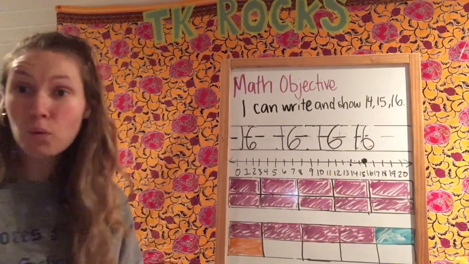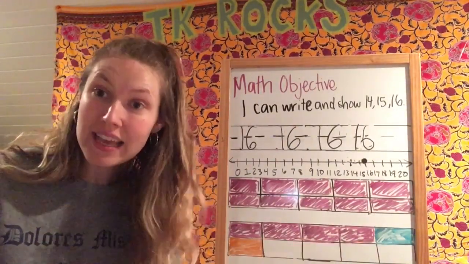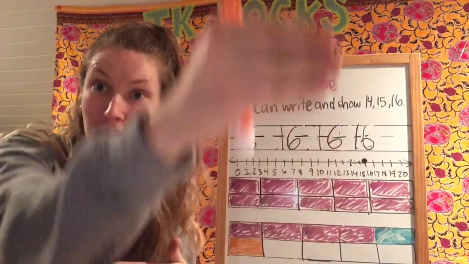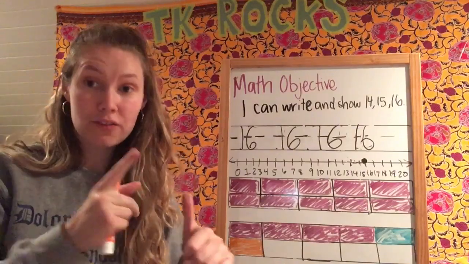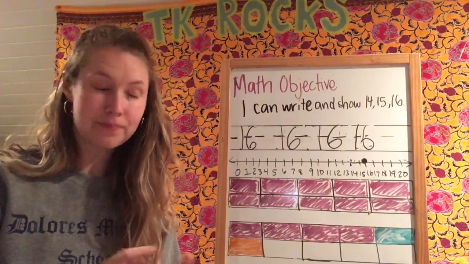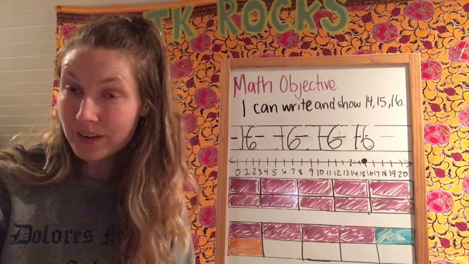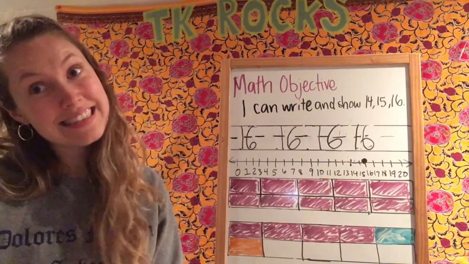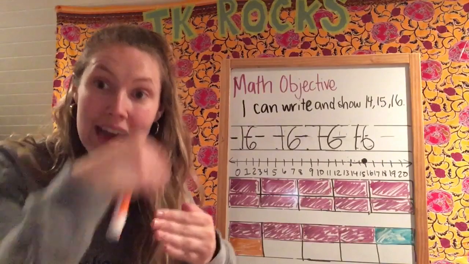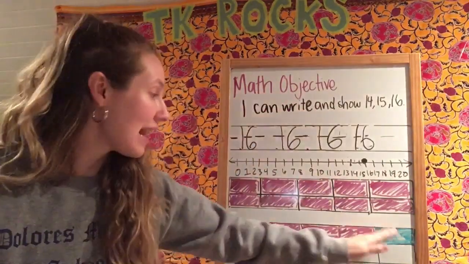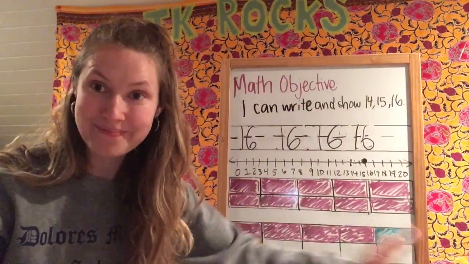So when we added 1 more frame each time, it brought us to the next number. We know that 15 is 1 more than 14, and 16 is 1 more than 15. We're adding 1 each time. That's why we're adding 1 frame each time.